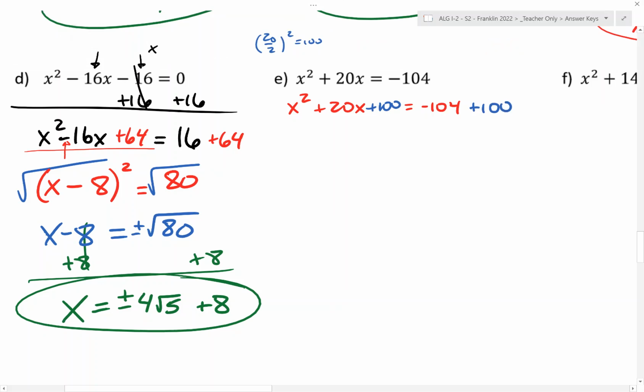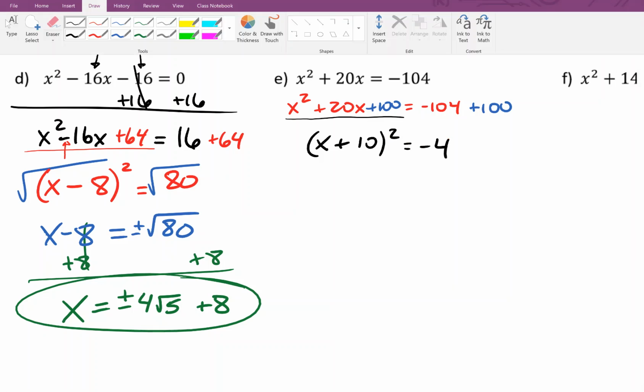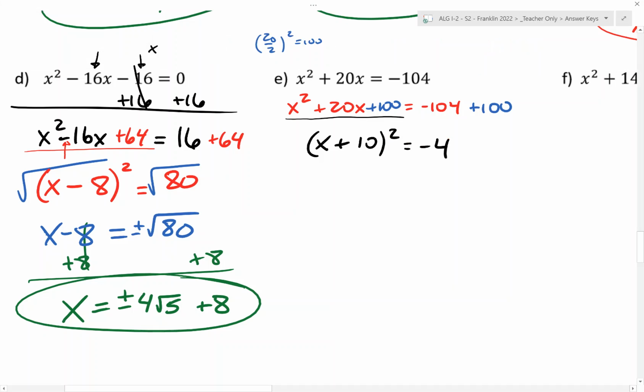And then we can factor this perfect square trinomial. So we get x plus the square root of 100, which is 10. And this is equal to negative 104 plus 100. So we'll go ahead and take the square root. We get x plus 10 equals positive and negative 2i.